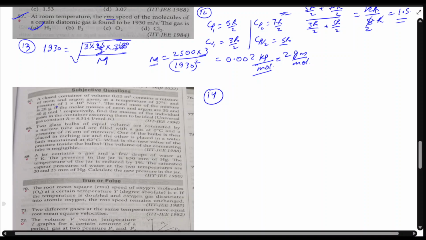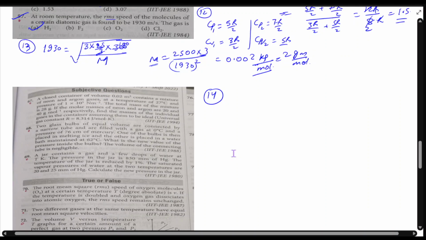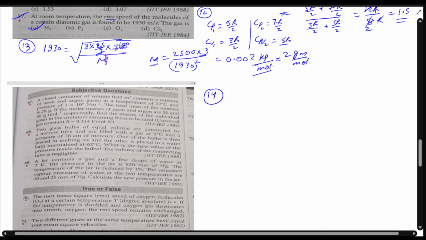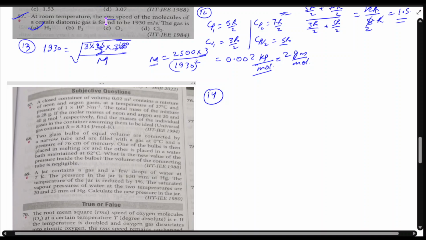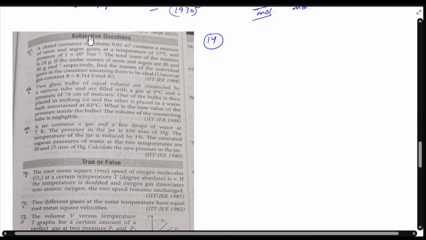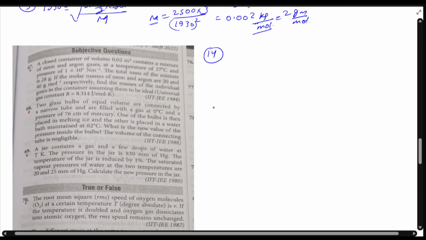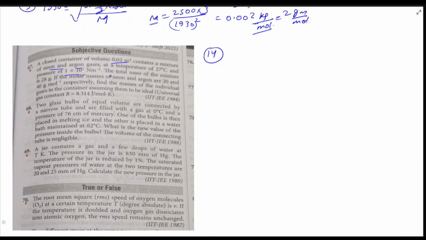So we have this question. A closed container of volume this contains a mixture of neon and argon gases at a temperature this and pressure this.